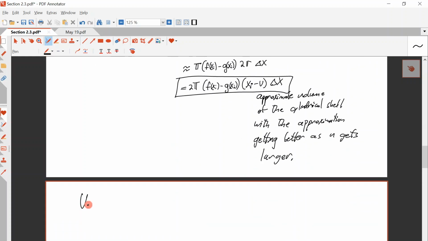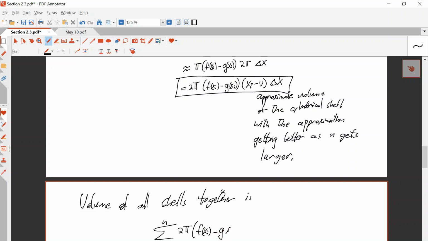So now the volume of all the shells together is the sum i equals 1 to n of 2 pi f(xi) minus g(xi) times (xi minus v) delta x.